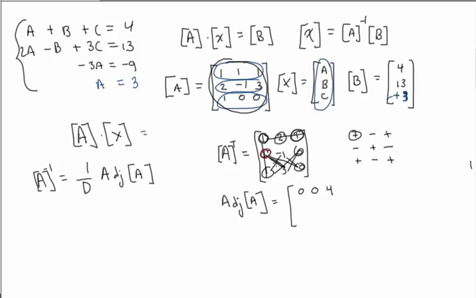For this entry, this will be the last one, and then I'll dot dot dot it. It's going to be 1 times, now if I cross out, then I have a 2 times 0, and a minus a 3 times a 1.